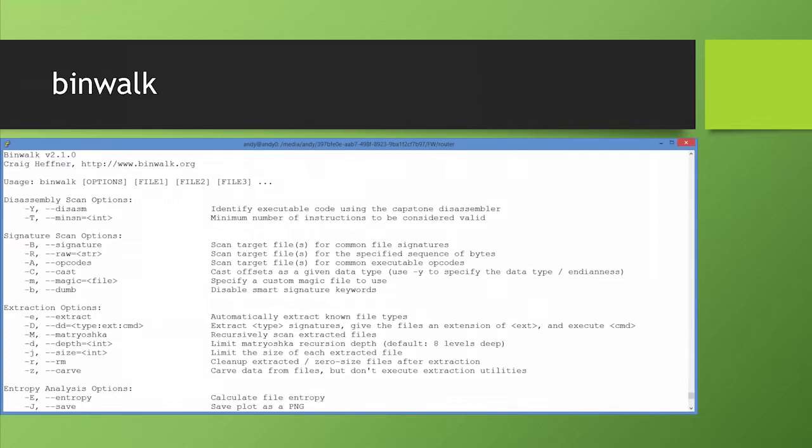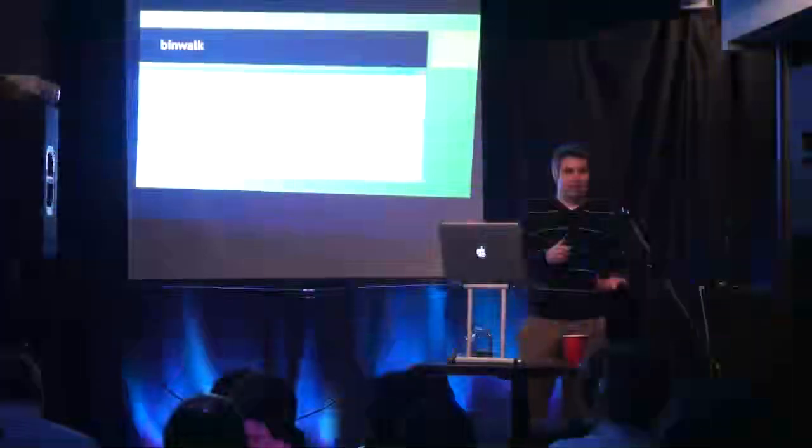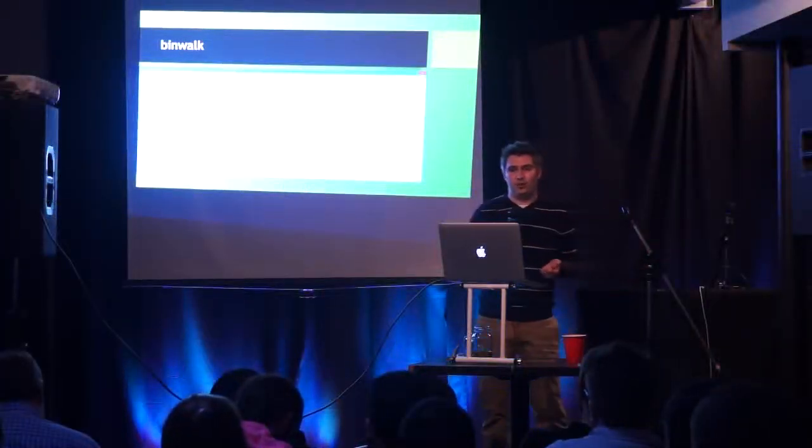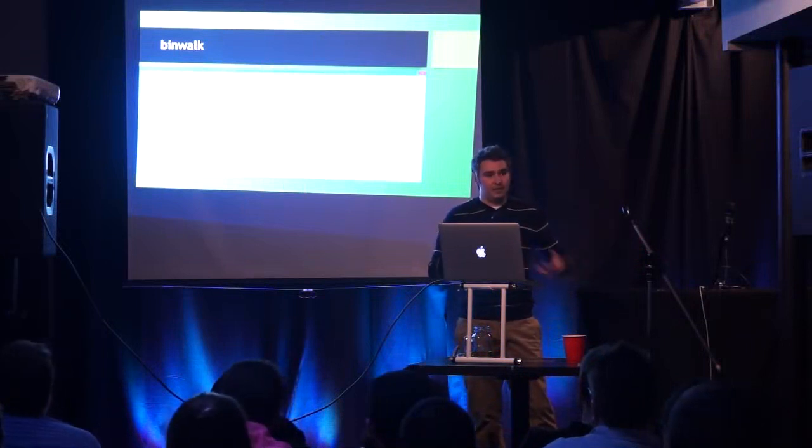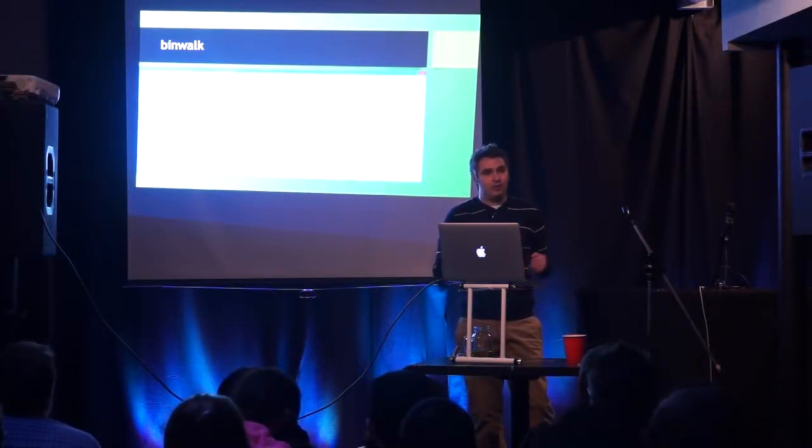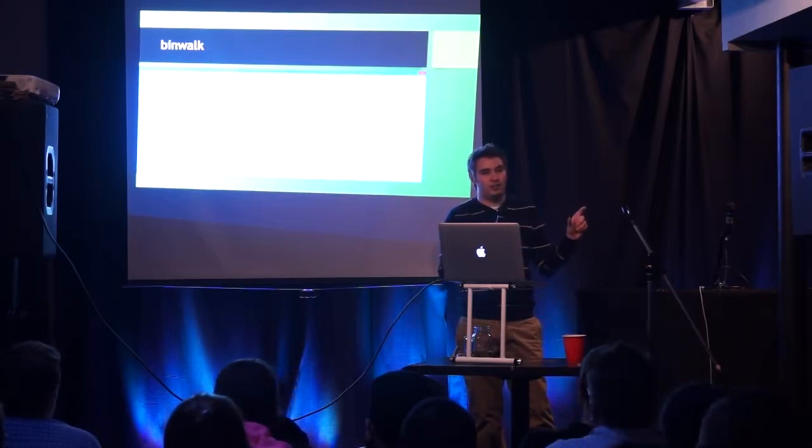The way to extract that is very simple: binwalk -e and then the binary file name. What that will do is scan through the file, look for some magic bytes that say a SquashFS starts here, and then dump that out.